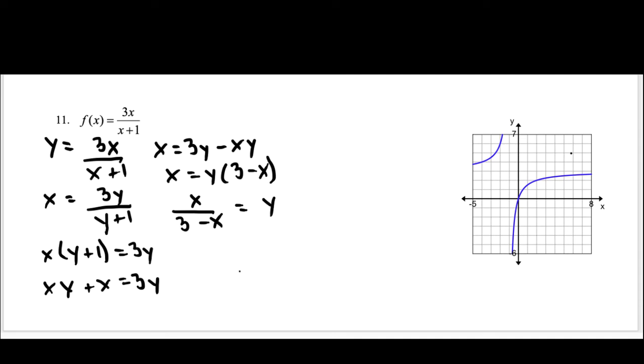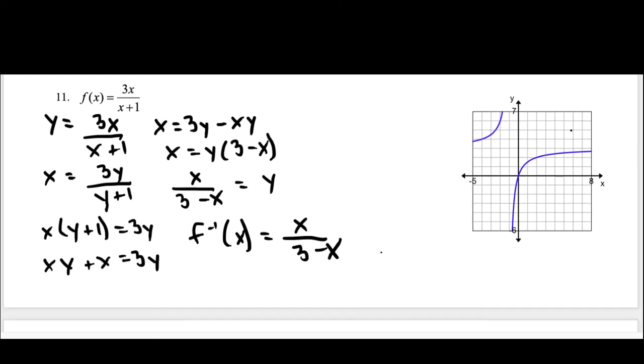And then I'll flip that equation around and replace y with the symbol for the inverse. f inverse of x equals x over 3 minus x. So that is the method that is used for finding an inverse function.